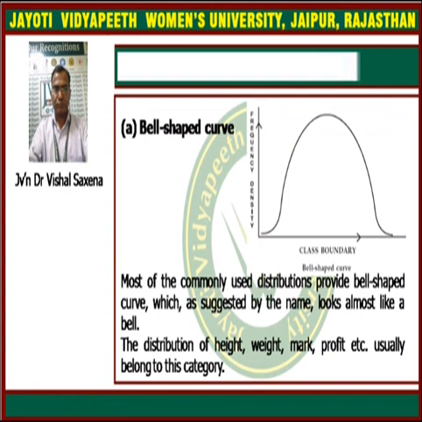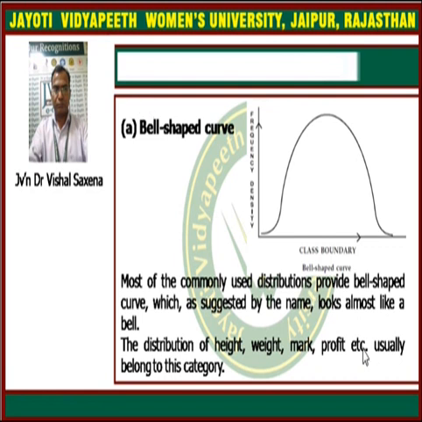Initially the bell-shaped curve is shown, in which we can observe that the shape of the curve is similar to a bell. That's why it is called a bell-shaped curve. Most of the commonly used distributions provide a bell-shaped curve, which, as the name suggests, looks almost like a bell.